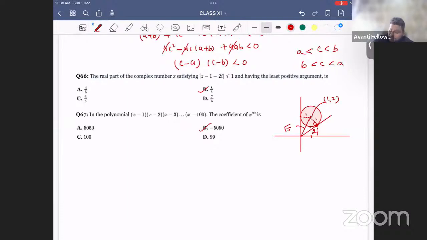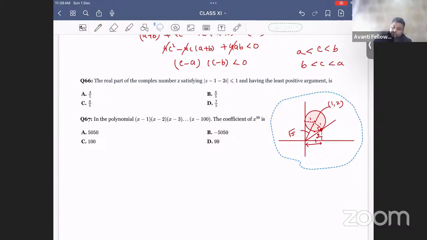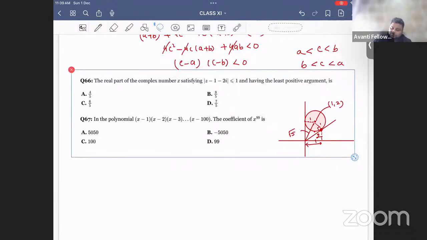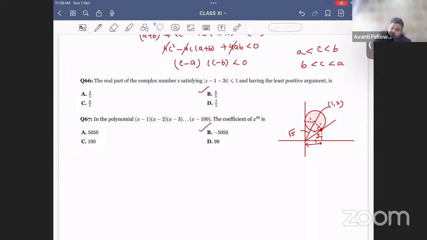Now you want this length. This diagram came a little small. Got it?